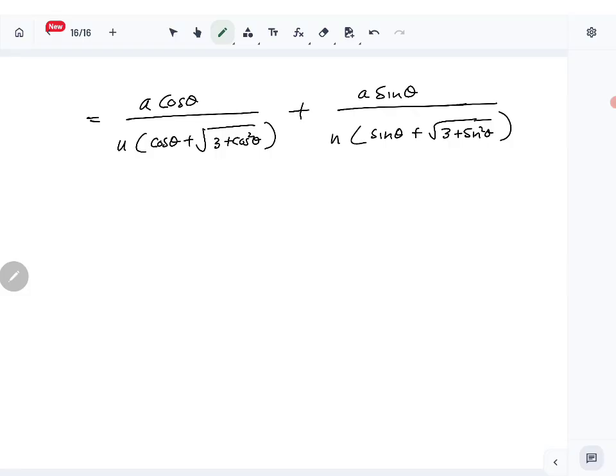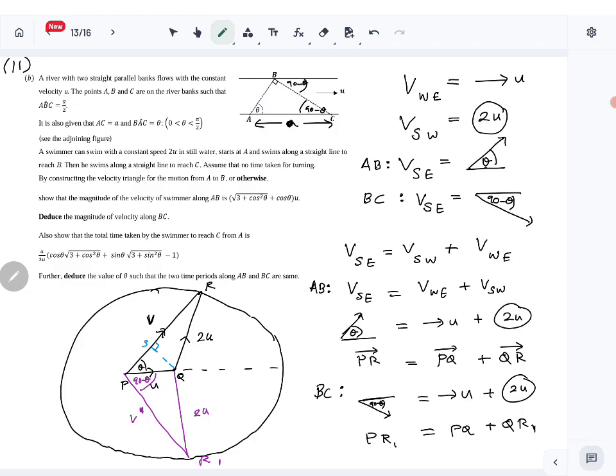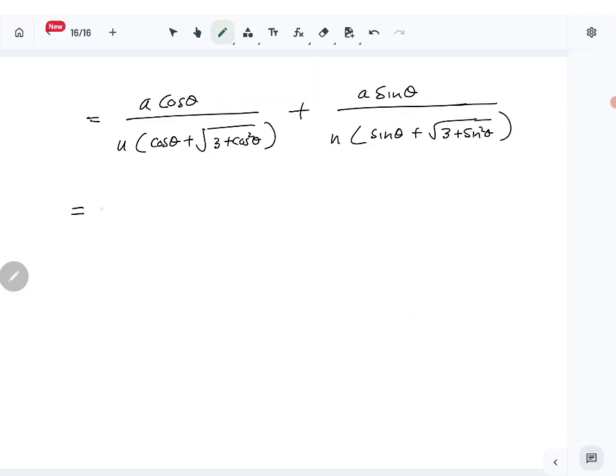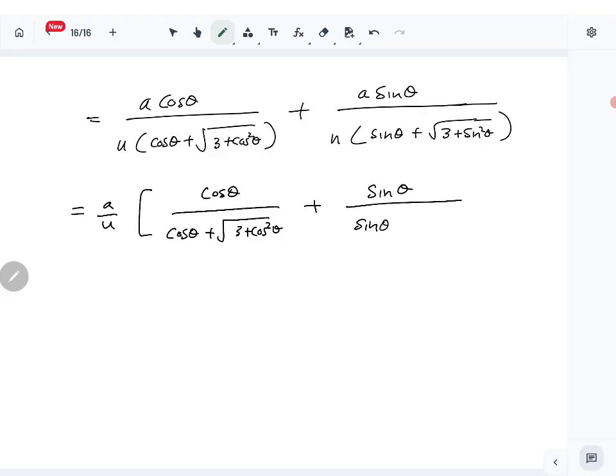Right. So now this is the total time, but that is not the expression we want. We want a over 3u out and some other part. So we can take a over u out. Then cos theta over cos theta plus root 3 plus cos square theta, plus sin theta over sin theta plus root 3 plus sin square theta.